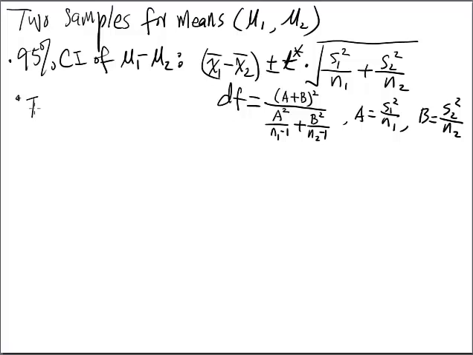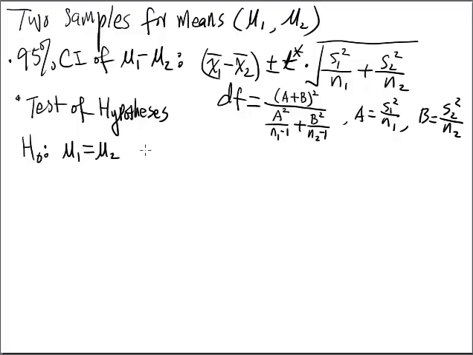Let's find the test of hypothesis. Okay, so H naught is mu1 equals mu2 because you are comparing two means. HA is mu1 less than mu2, or greater than, or not equal.